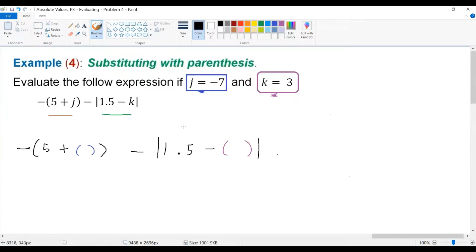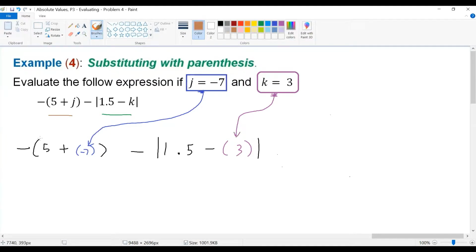And there you go. So in the first set of parentheses, we're going to substitute in the negative 7 for the j component, and we're going to substitute in a positive k in the second set of parentheses.